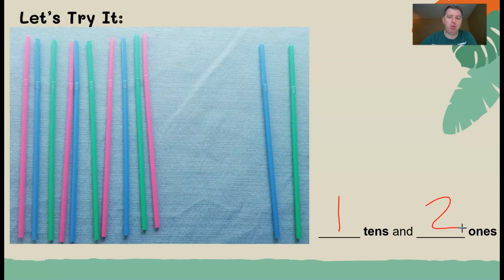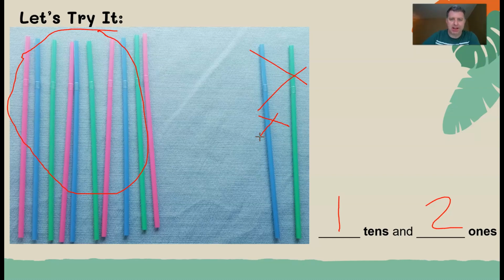We normally name that number 12, but just for today and this week, I want you to recognize what's a 10. This is a 10, right? And what are ones? These are ones, right? So I have 1 ten and 2 ones. They don't fit in the group of 10. Okay? Let's try this out some more.